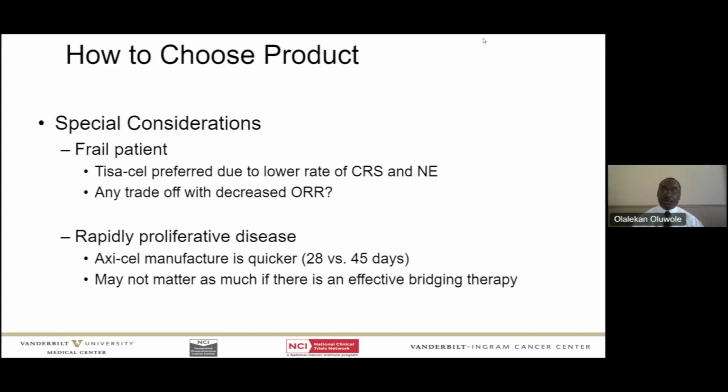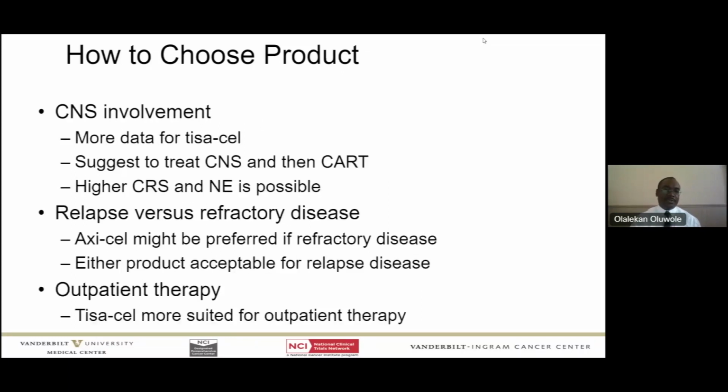So you might want to preferably think about axi-cell in a patient with rapidly proliferative disease, because if you're waiting another 3 weeks or 2 weeks between the two product deliveries, it might make the tumor so much larger that they may no longer be able to get it. However, if you had a very effective bridging therapy, it will not matter as much that you get one product later.